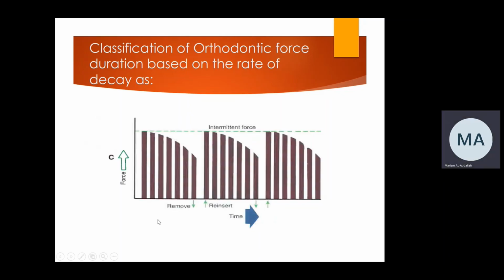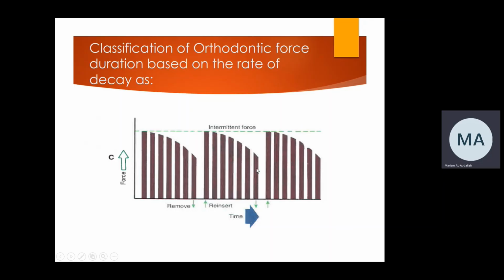This diagram here shows you something else. It shows you that we started with this optimal force, and then it dropped to zero. What happened? Oh, the patient is removing his appliance for cleaning, and then he had maybe an hour of rest or so, and then he went back to wearing the appliance again, and then we have decline of force, and then we have a zero amount of force, and then decline, etc. So it's an on-off.